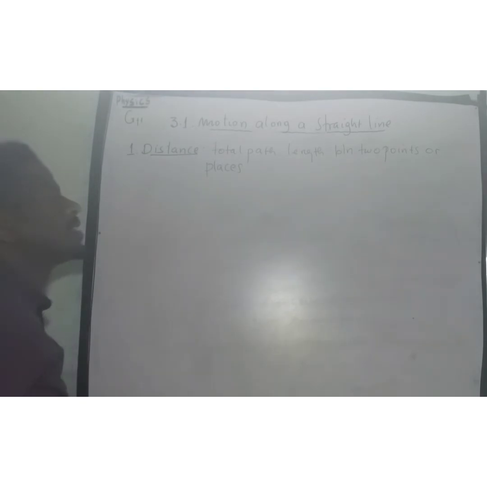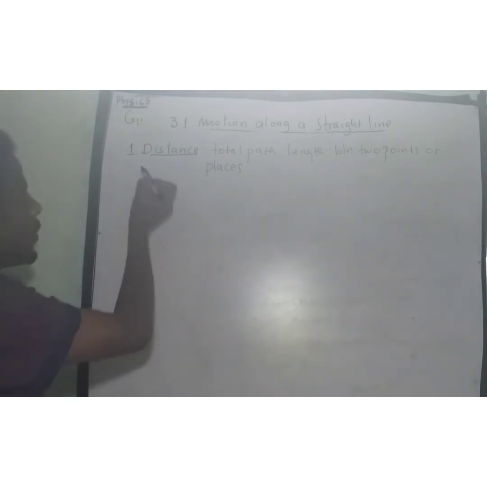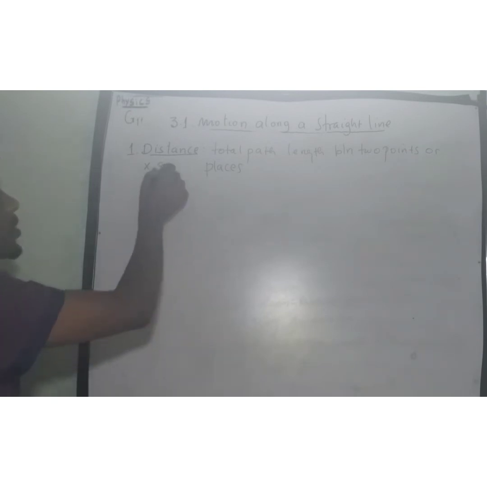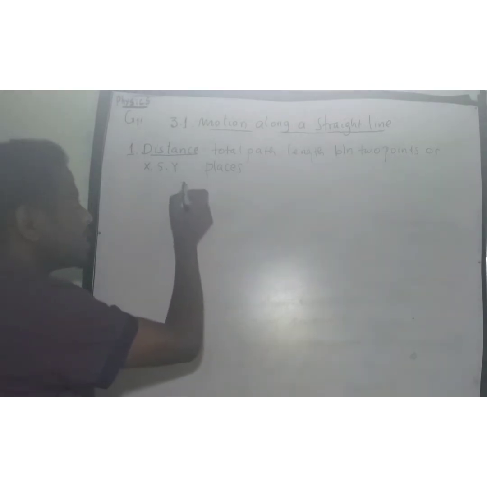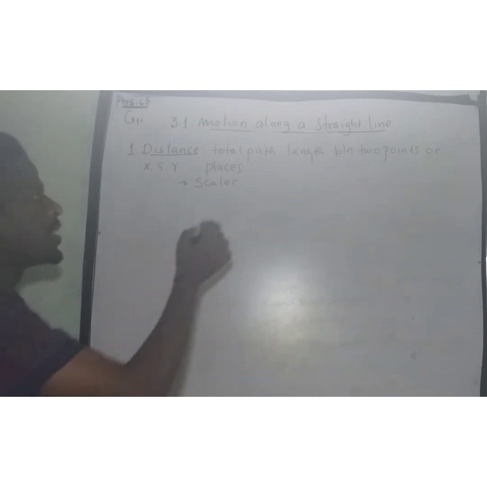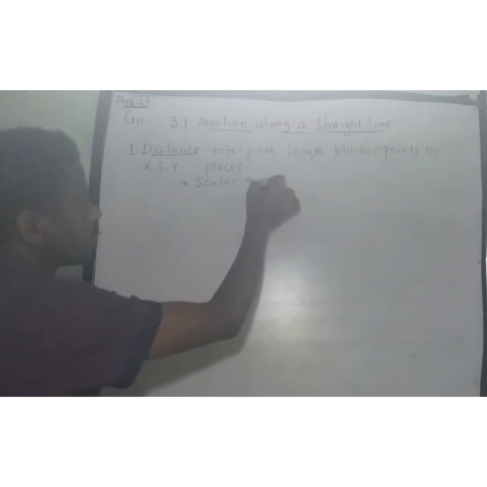It is distance, and distance is denoted by the letter X. We can use S, we can use Y to represent the distance. The distance is a scalar quantity, which means it has only magnitude.